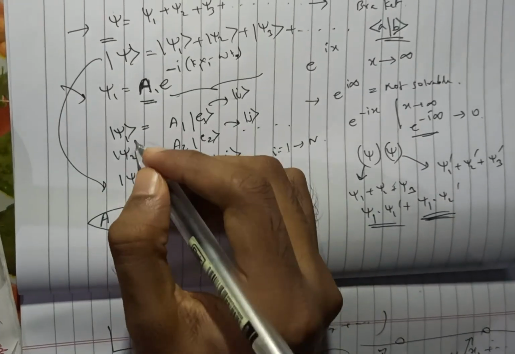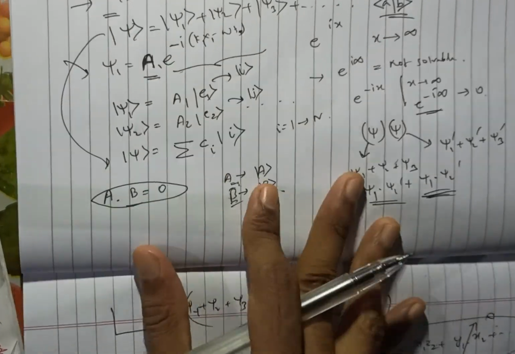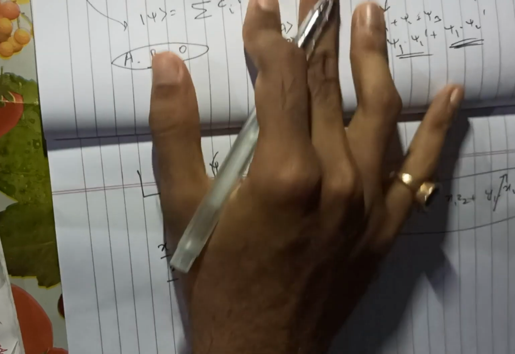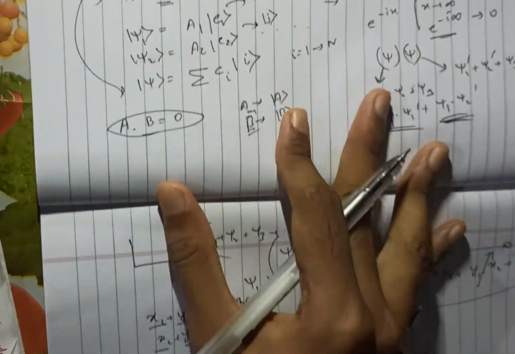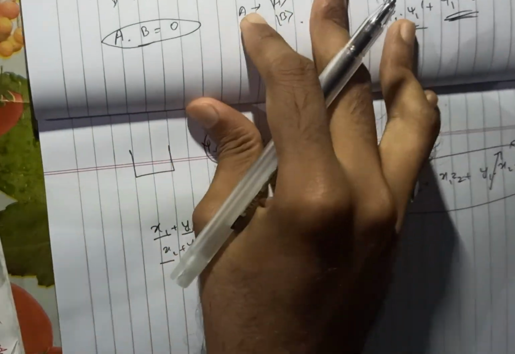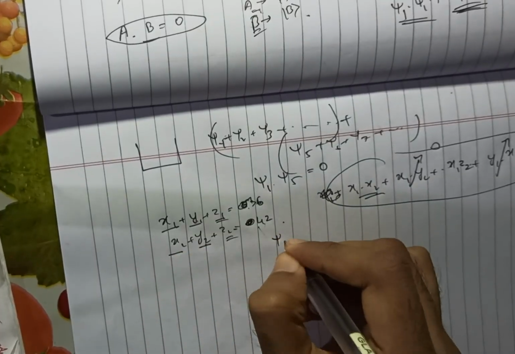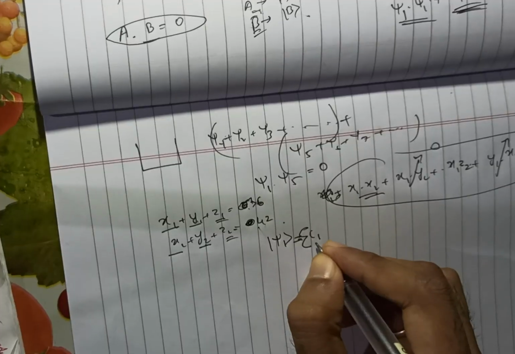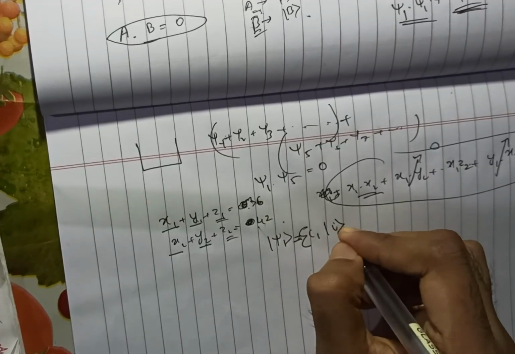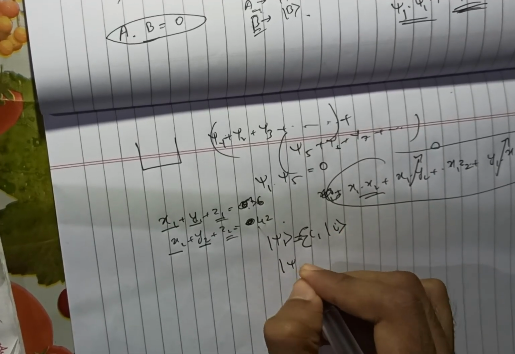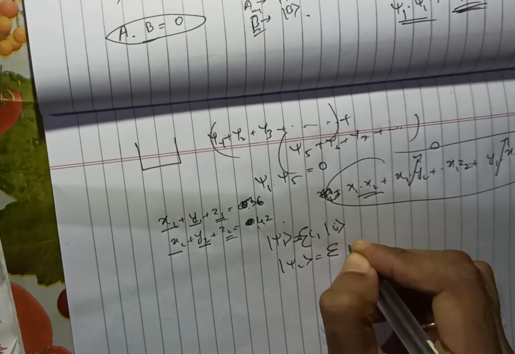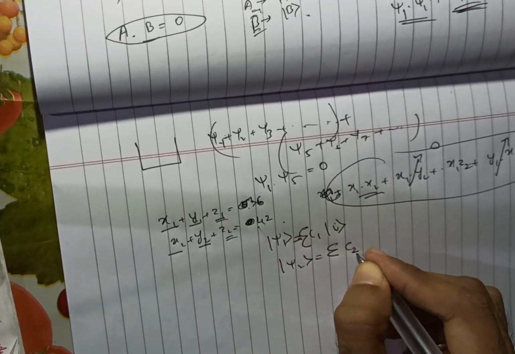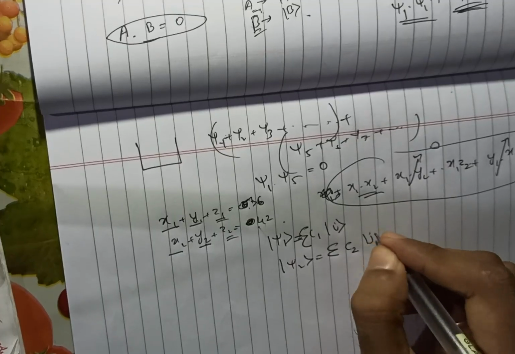Now similarly, if psi 1 and psi 2 are represented like this, here I'm using i and I'm using j. Let us represent it in a different way. Let psi1 be represented as a linear combination of all the complex coefficients c1 multiplied by some vector i, and psi2 be represented as a summation of all the complex coefficients c2 multiplied by j.